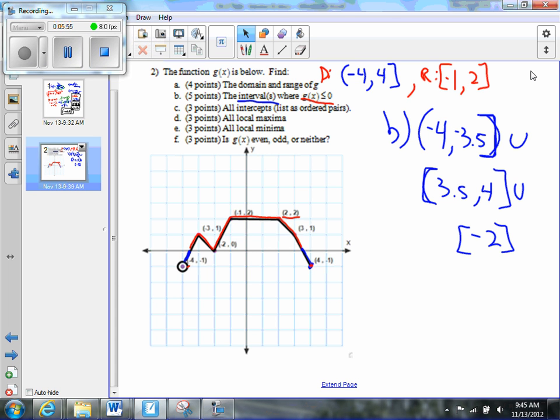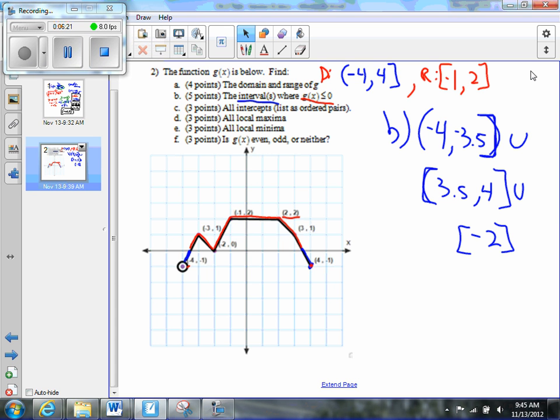And I get up here to 3.5, and at the point x equals 3.5, the function is equal to 0 right there. So at 3.5, that is included in the interval. And over here, again, positive 3.5 is included in the interval, as is positive 4. That's why they have brackets.